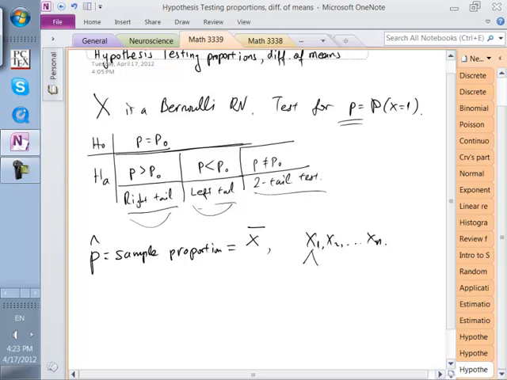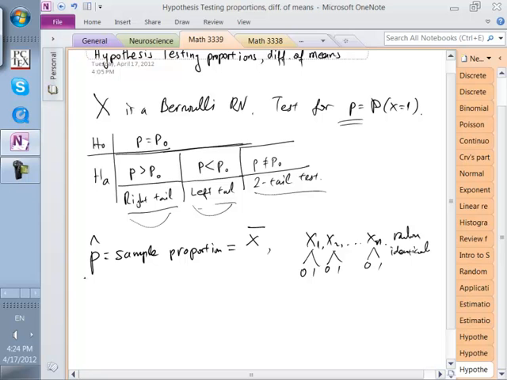What kind of values are they taking? They all take the value 0 or 1, depending on the response you have. And they are independent and identically distributed. So when you calculate x bar, you add the ones and divide by n.